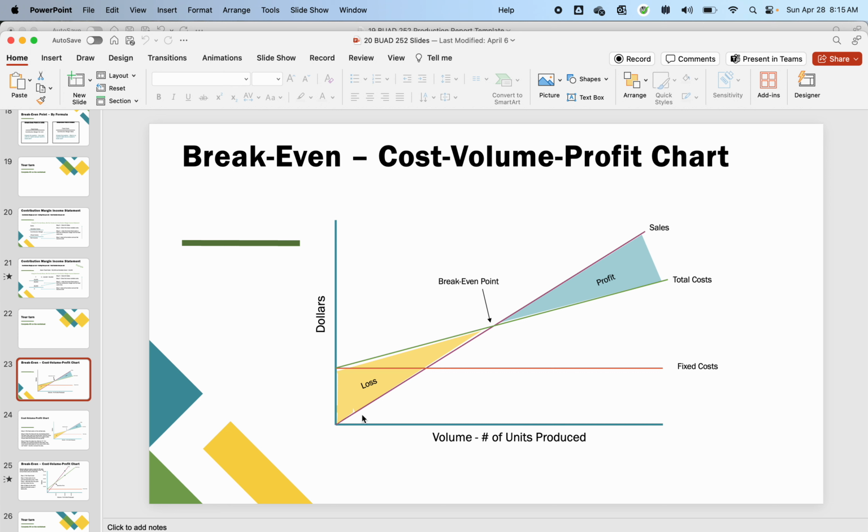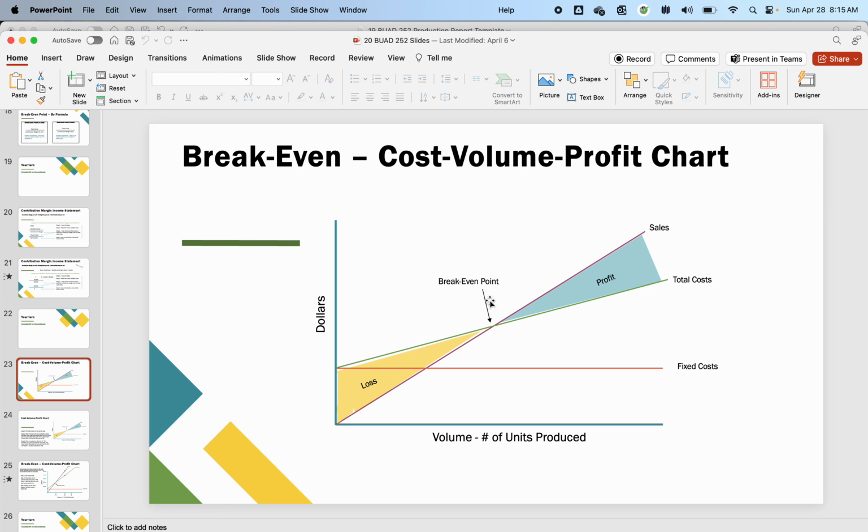You take 10,000 times your sales price, in this case for ice cream cones, 10,000 ice cream cones times $5 each, and we'd put 10,000 on the bottom, and we'd figure out there's 50,000, and we put a dot here, and we'd connect that 0 point through the dot, and that would be our sales line, and you mark it as sales.